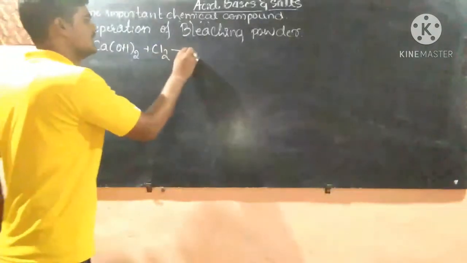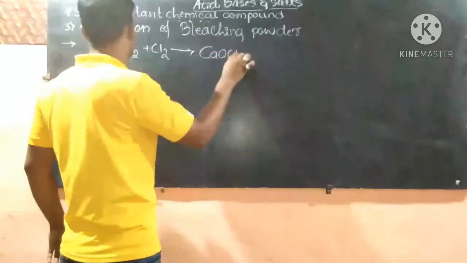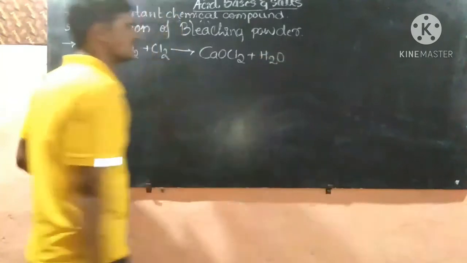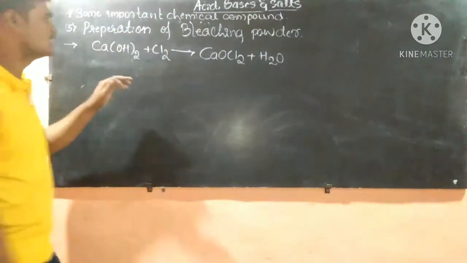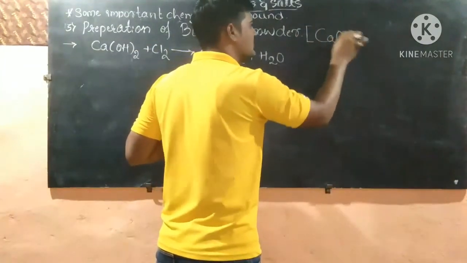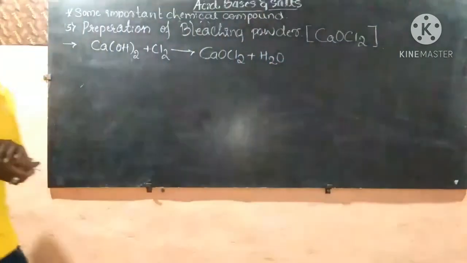Let me write the chemical reaction for the preparation of bleaching powder. So this is the chemical reaction for the preparation of bleaching powder, and the chemical formula for bleaching powder is CaOCl2, that is calcium oxychloride.